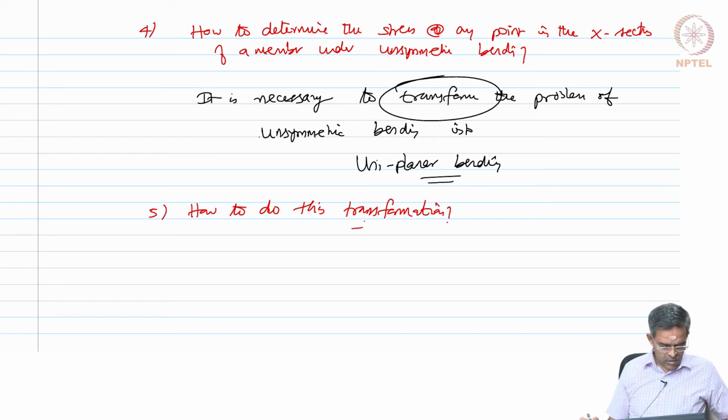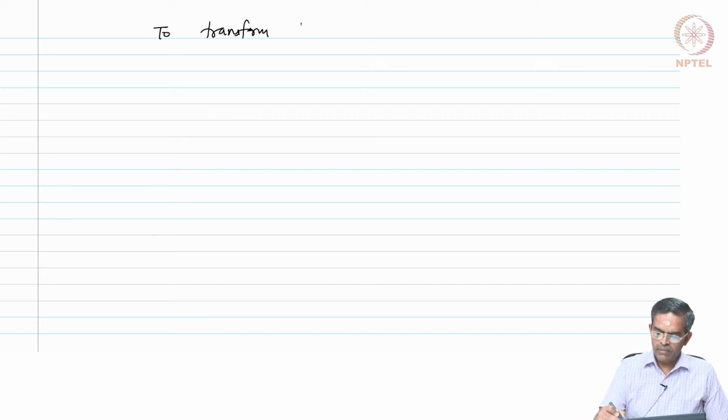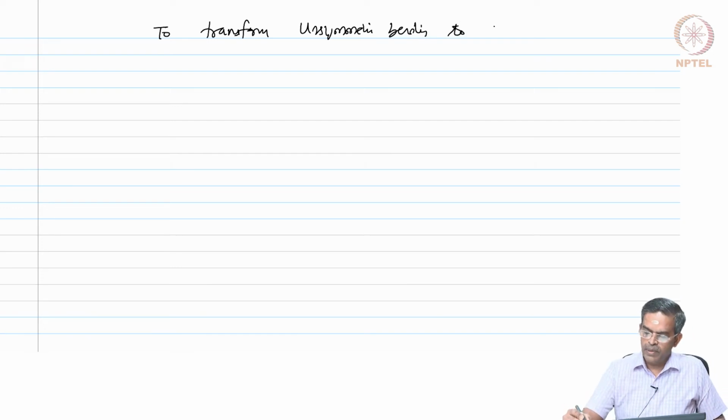Okay, that is an interesting question because we need to find the stresses at the cross sections. Let us look into that. So, the objective is now to transform unsymmetric bending problem to uniplanar bending.